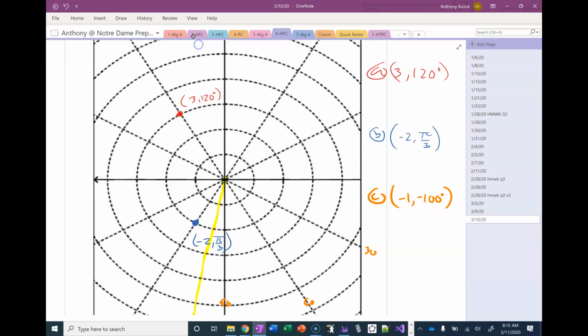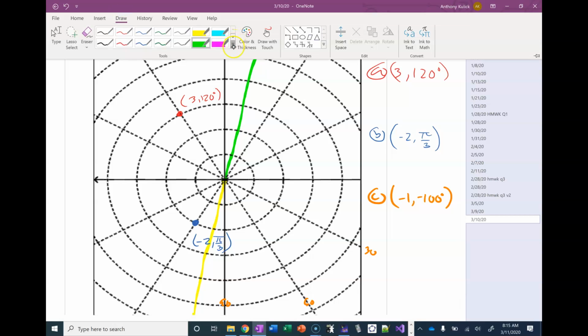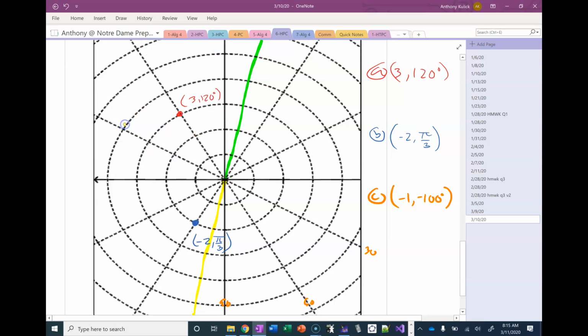But how far am I going down that terminal side? I'm going -1 units. So really the side of it that I'm going to work on is over here. So this point is really in the first quadrant.